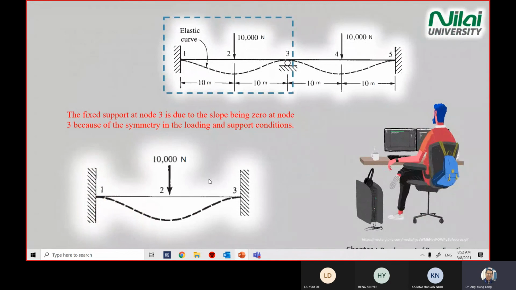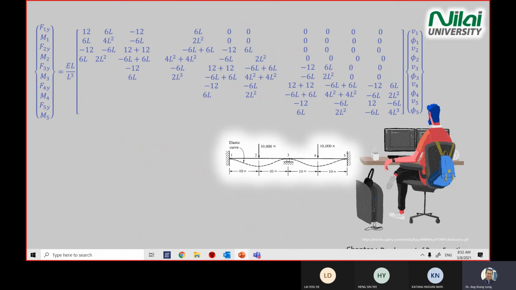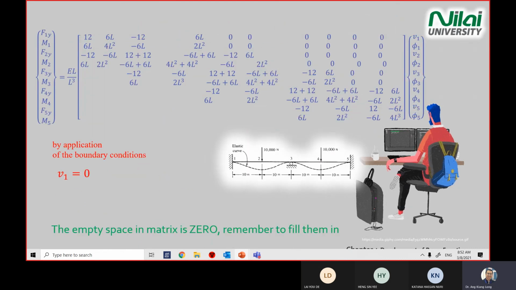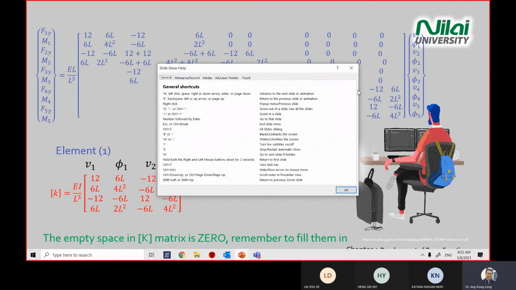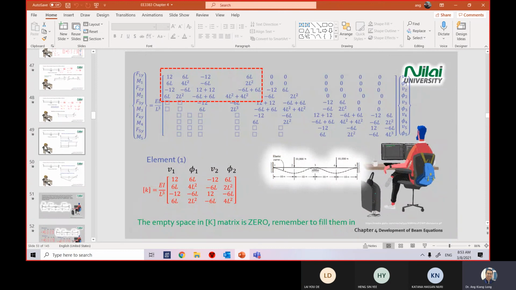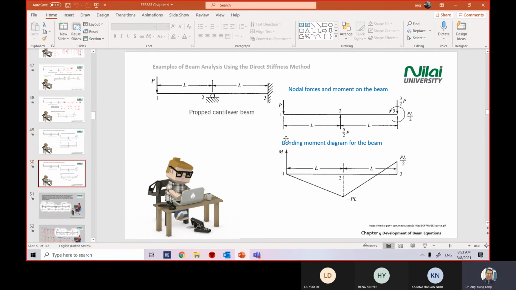All right, and then I will not go into the bending moment, the shear loading, the shear diagram, and all this. From there, we will transfer what we learned this morning into this example. In this example, I don't show you how to draw the shear diagram and also the bending moment diagram.